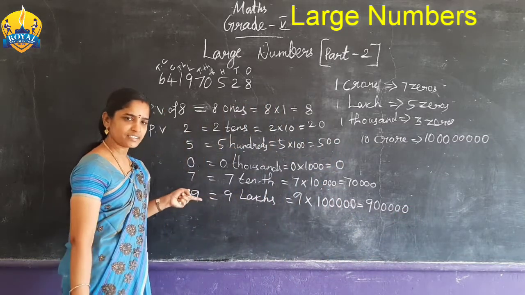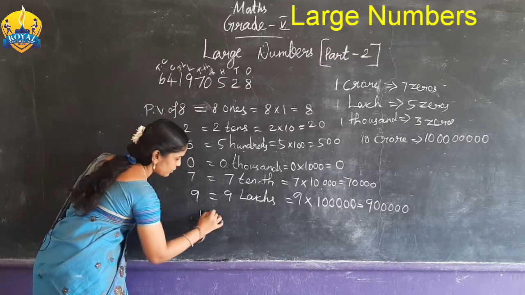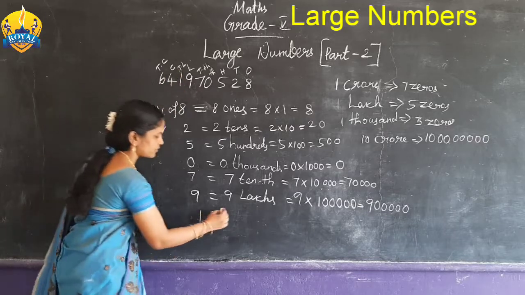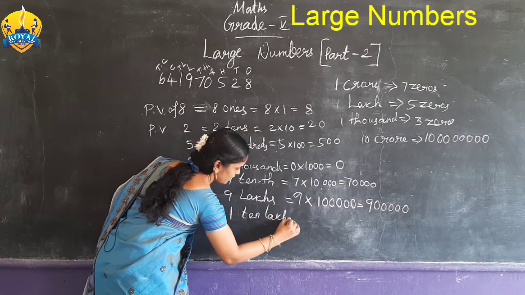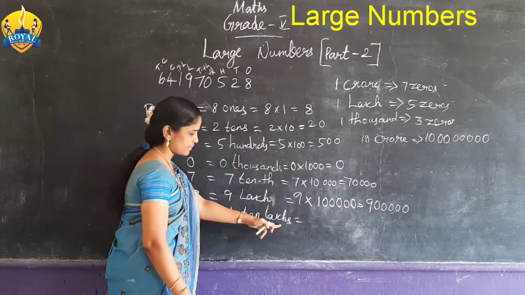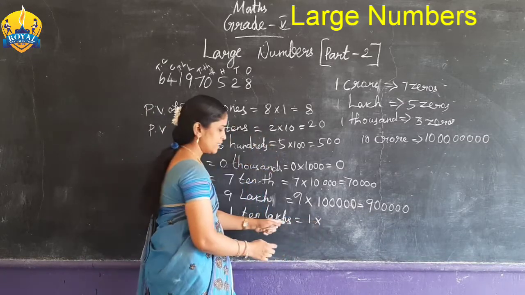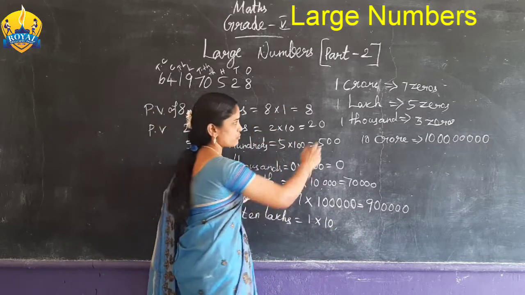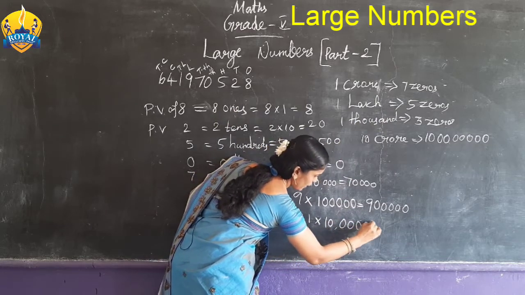Is it clear? The next one, the place value of 1 is 10 lakh. Listen, 1 into 10 lakh means 10, and we add 5 zeros because 1 lakh has 5 zeros: 2, 4 and 5.